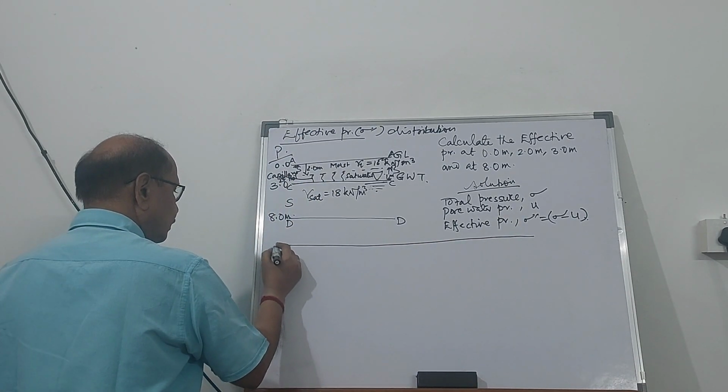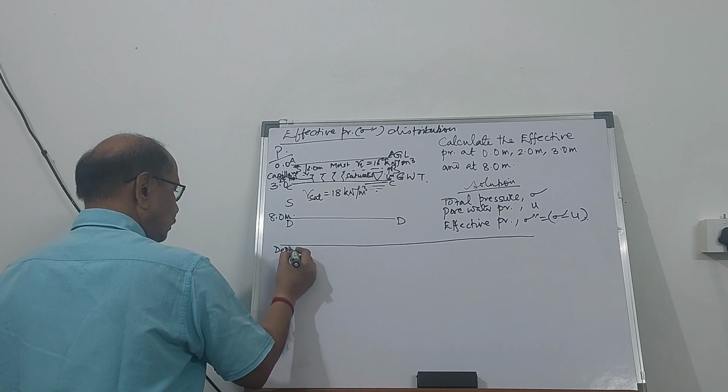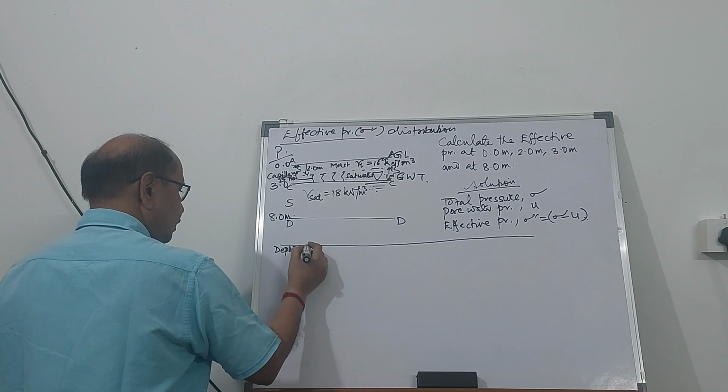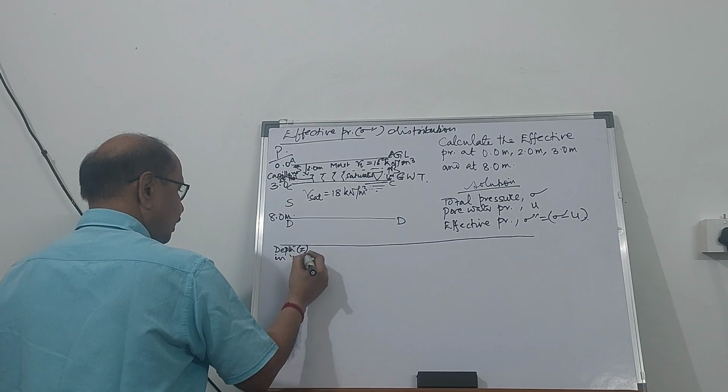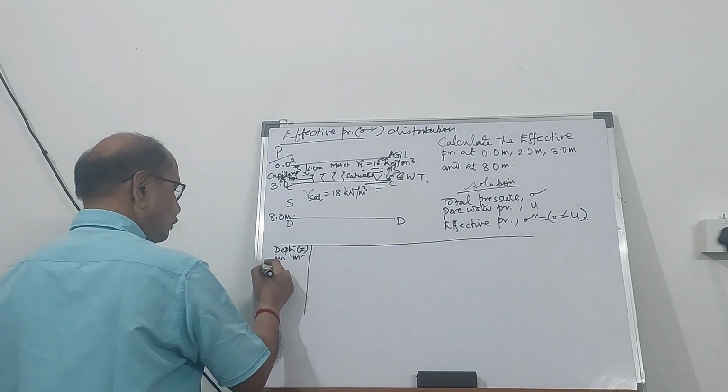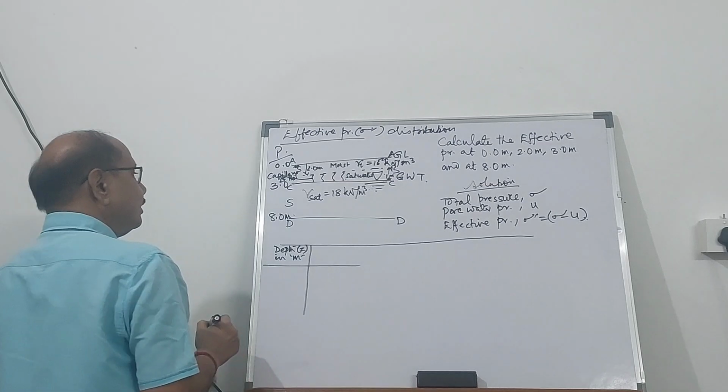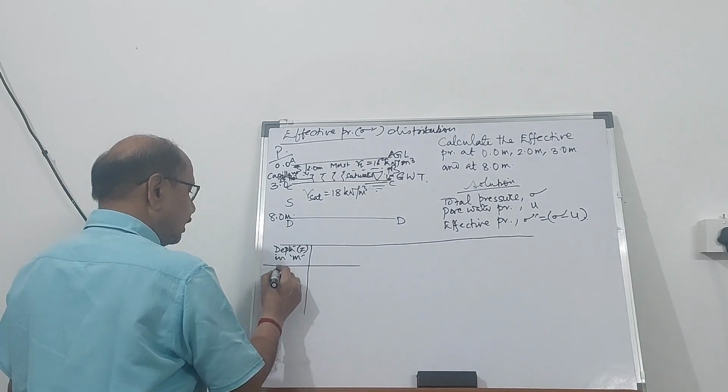So depth Z in meter. What are the depths? It is at 0 meter.